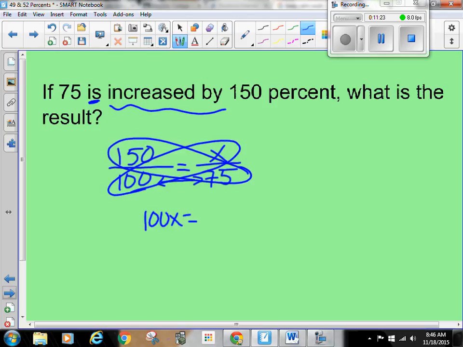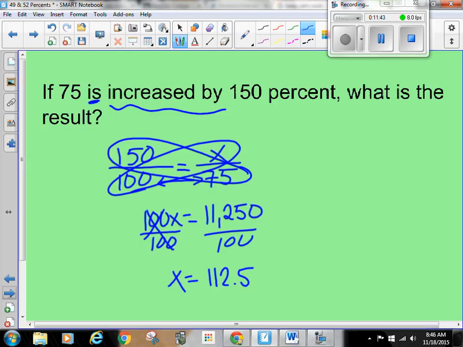So just like in all our other ones, we're going to cross multiply. So take your 150 times your 75, 11,250. Then we're going to divide each side by 100. All right. So you end up with your x equals 112.5. Now this isn't the answer to the question because remember, it says, what is the result?